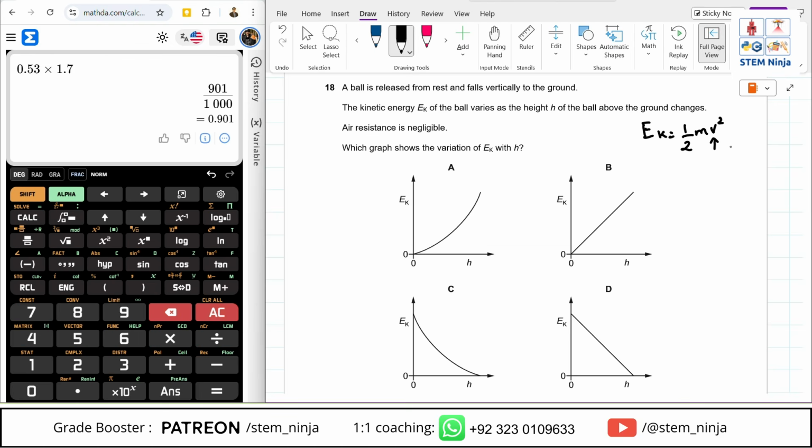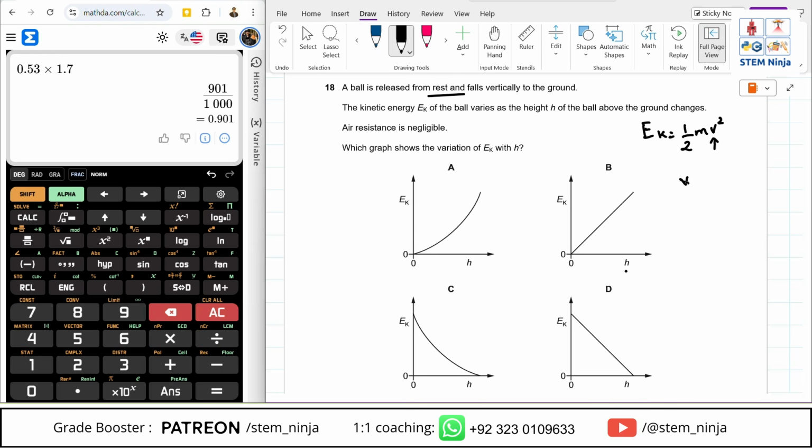If we know how v is changing, we can figure out everything. It's released from rest. So v is basically at. So v is changing. Oh wait, sorry. We need it with h.